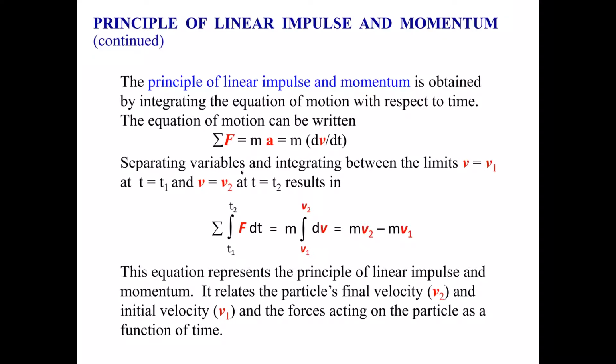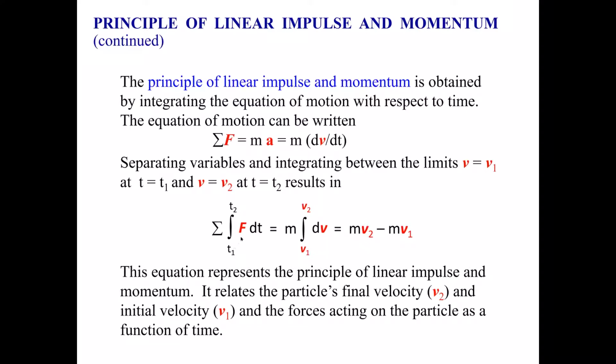Then what we can do is integrate between some limits, both sides. We take dt and put it on the other side of the equation. We're separating those variables. And then we integrate between two limits, between some time t1 and another time t2. So this represents essentially the limit of the time, right?